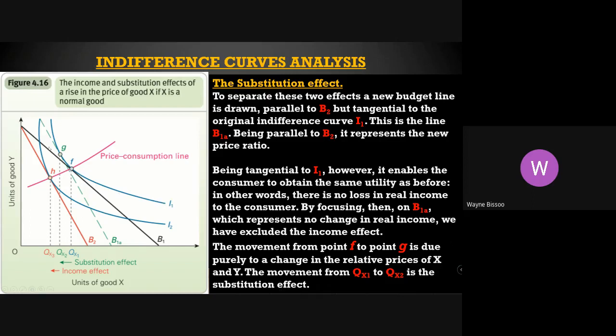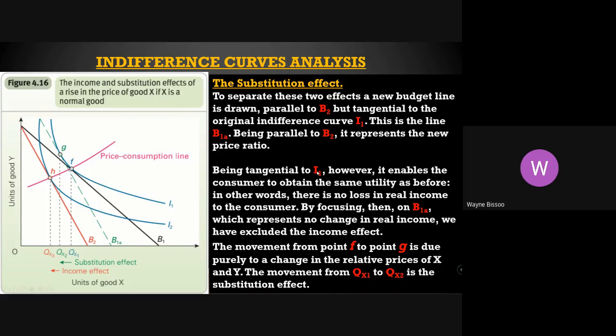This line B1A being parallel to B2 represents the new price ratio, so its slope represents the new price ratio as seen in B2. But it's placed tangential to the first indifference curve that we were on.